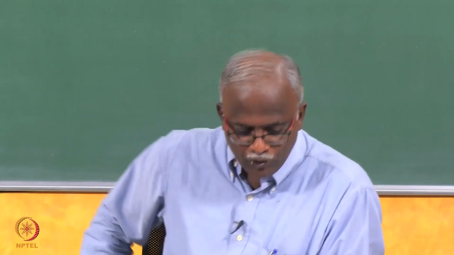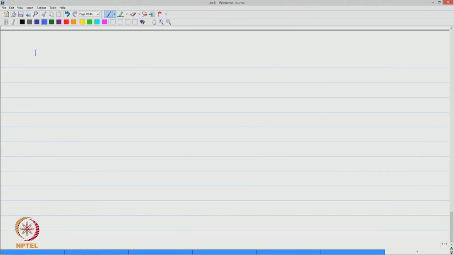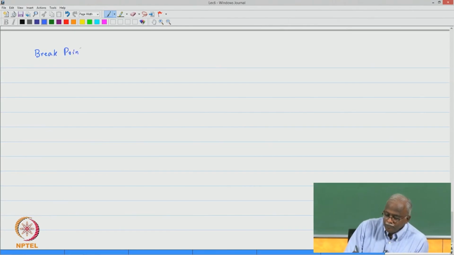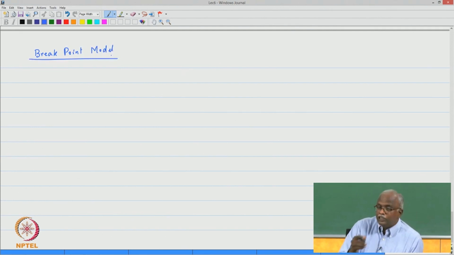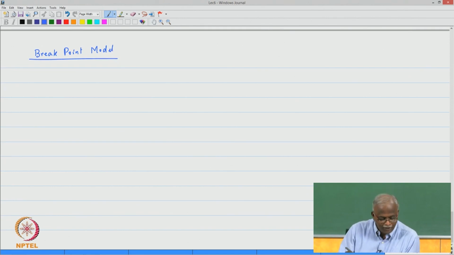Now, this also leads us to the propagation model, which is very helpful for us in terms of understanding the entire system. So, this would be the breakpoint model. The breakpoint model says that there are two regions in your signal propagation.